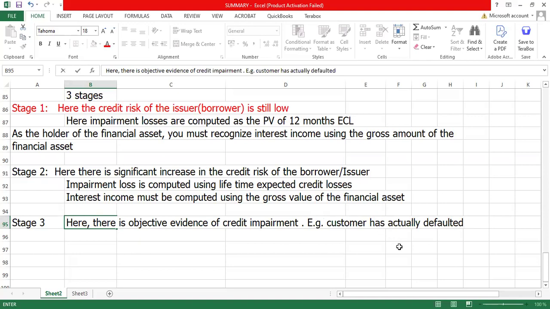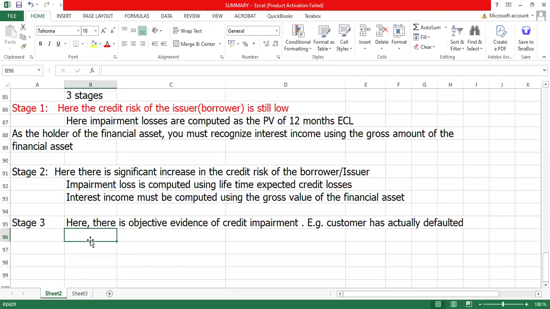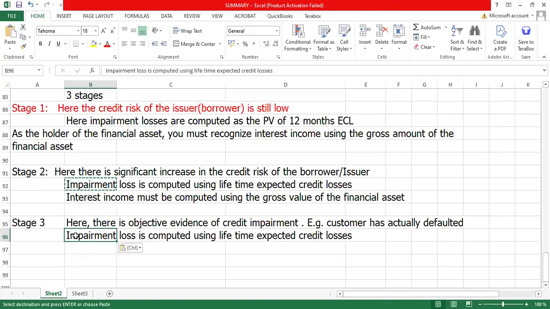So what happens here is that as you recognize the impairment loss, it is going to be like this. But the difference is here.